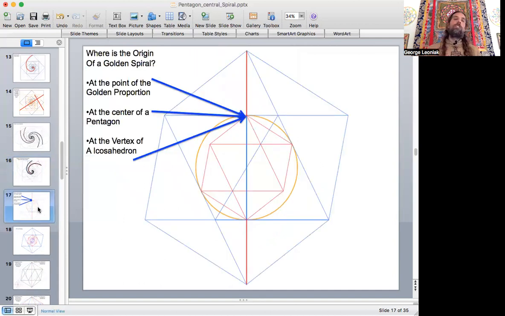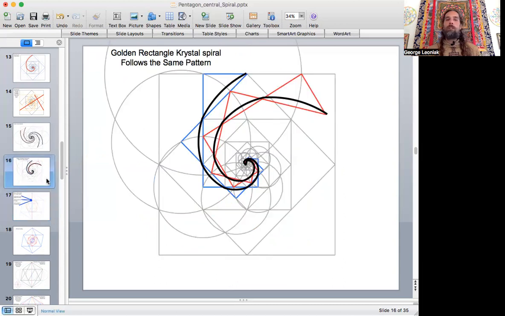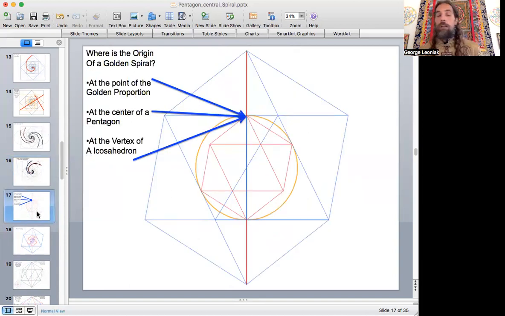But I want to get to where is the origin of the golden spiral, because up to this point, I think the argument with many folks that are into the crystal spiral is it looks so wonderful because it goes to a center point out of all these squares and octahedra. So far, I haven't done such a convincing job to say, well, we're missing the center point altogether. It's great that it's on the surface of the sphere. I mean, that's mind-blowingly awesome.